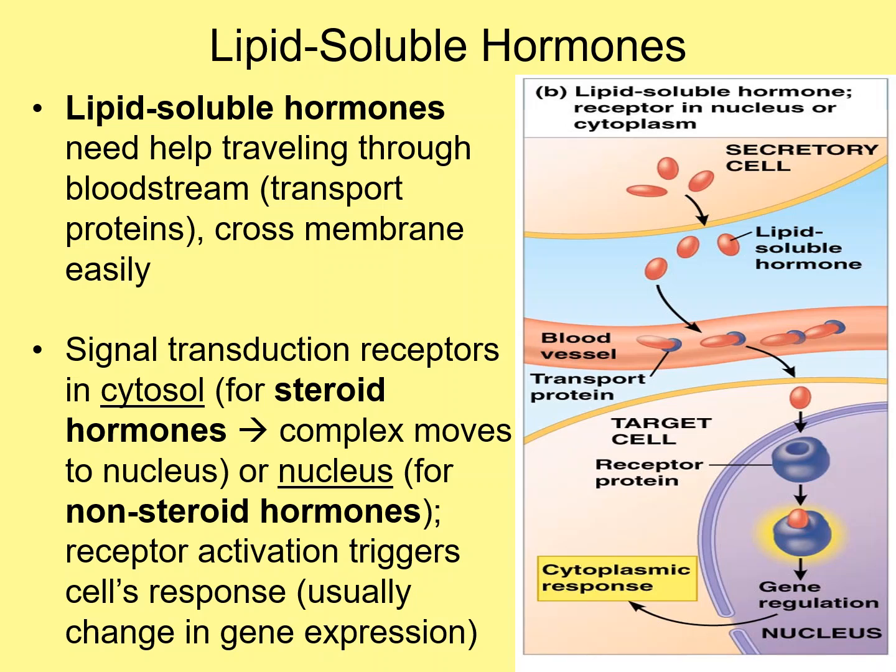And so those hormones typically bind to, again, the receptors inside the cell. And then sometimes that whole complex moves into the nucleus, as I've written here, or again, they can go directly into the nucleus and affect those changes in gene expression inside the nucleus directly.